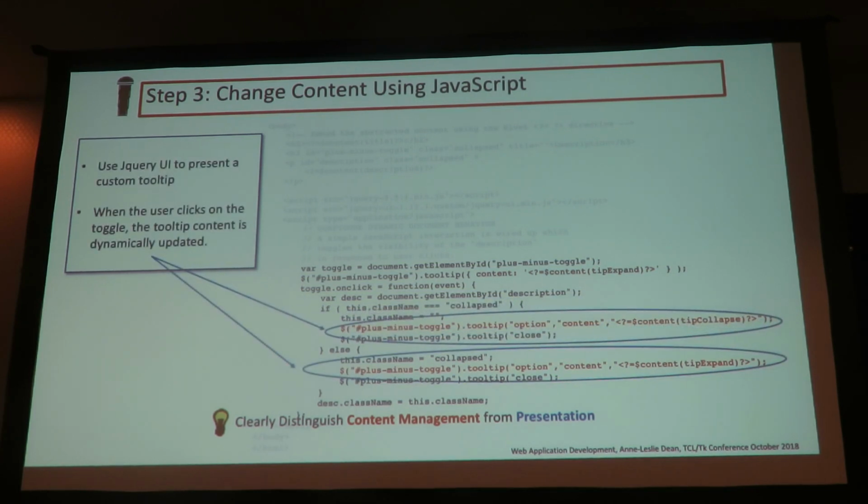And then inside my on-click callback, I add the tooltip. I update the tooltip depending on whether it's toggled open or closed or collapsed.